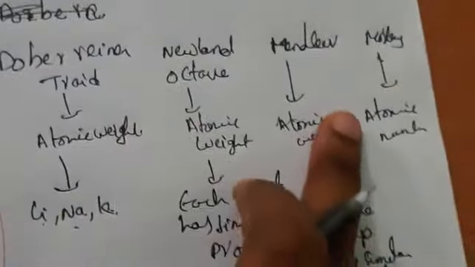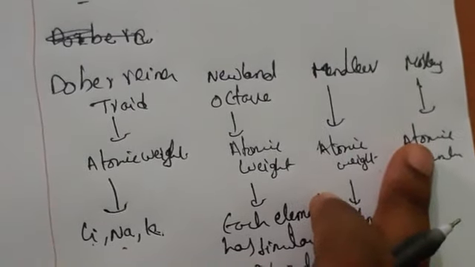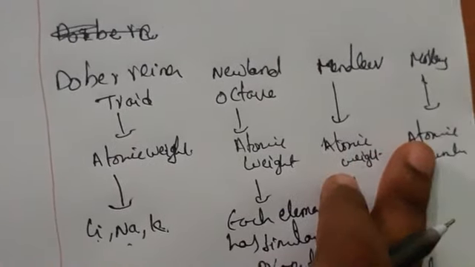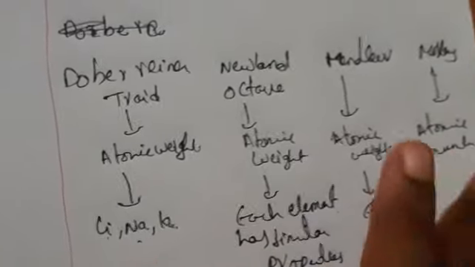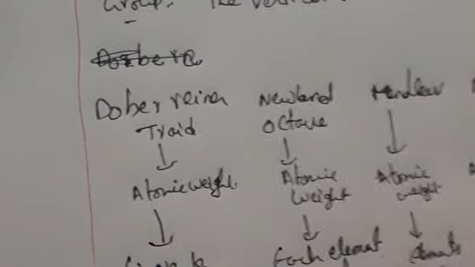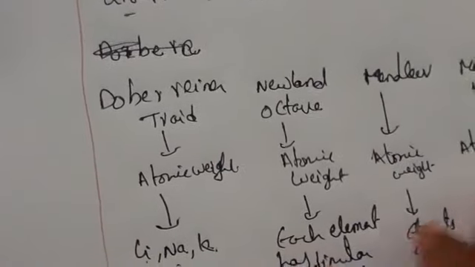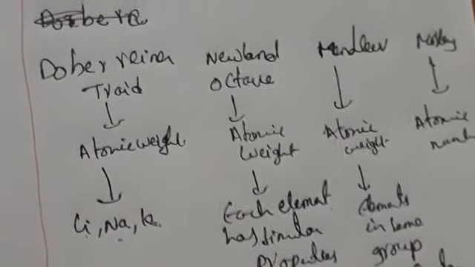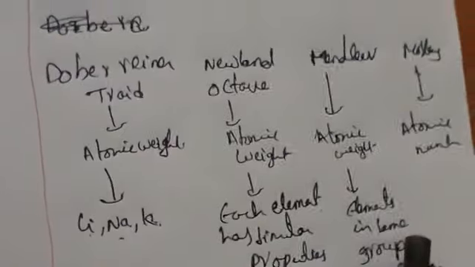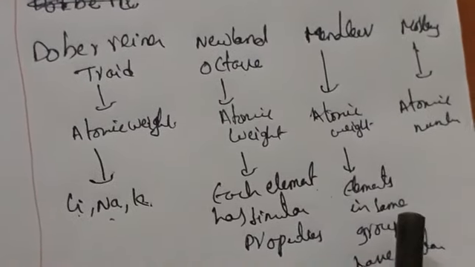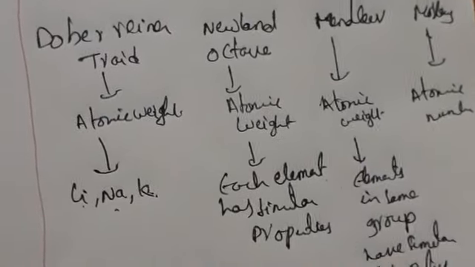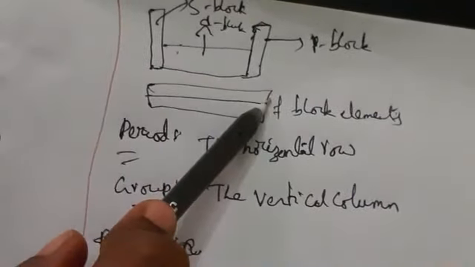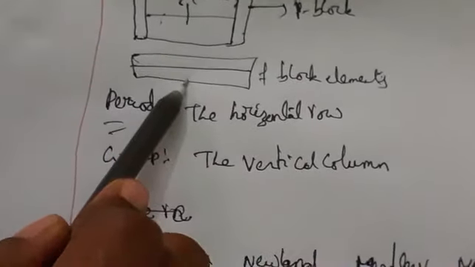Based on this, Moseley's modern periodic table, based on atomic number, is divided into groups and periods. These show different properties like electropositivity, atomic radius, ionization energy, electron affinity, electronegativity, metallic and non-metallic character, across groups and periods. It is divided into s, p, d and f blocks and 18 groups. The s and p blocks are representative elements, d block elements are transition elements, and f block elements are inner transition elements, containing lanthanides and actinides.